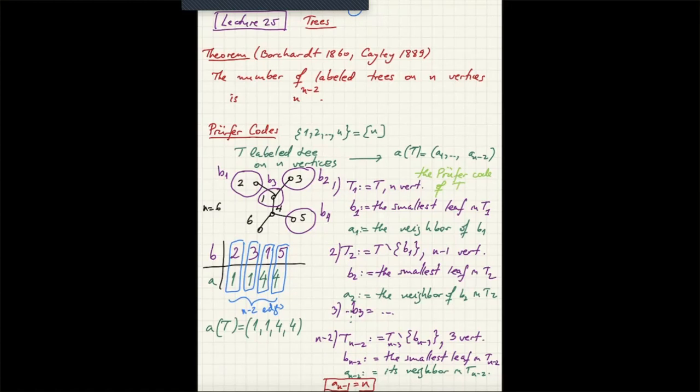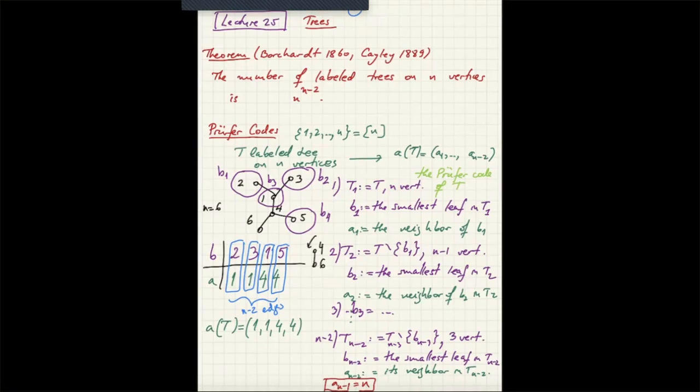In the last step, as you look on the top row, we have eliminated 2, 3, 1, and 5. So at this last step, the remaining tree is of the form 4 and 6.